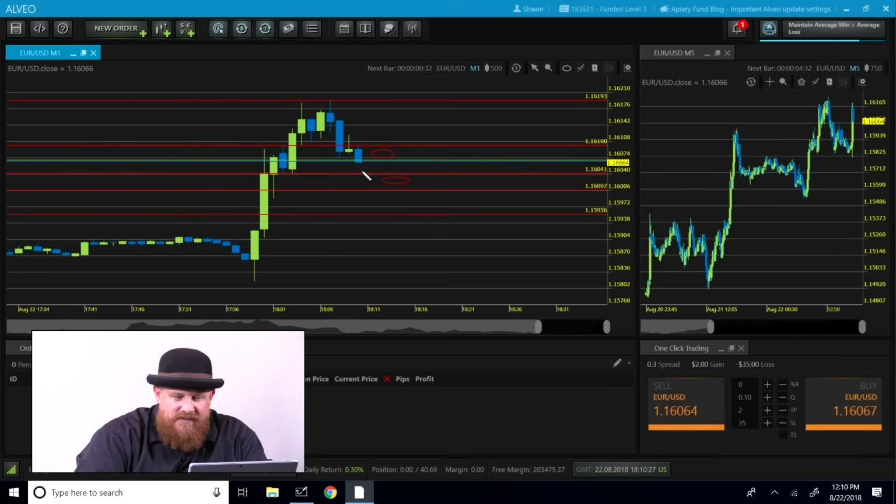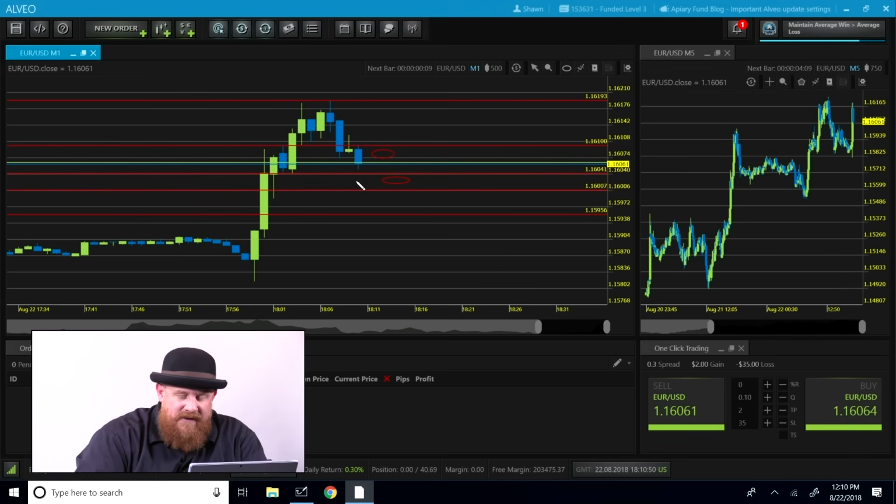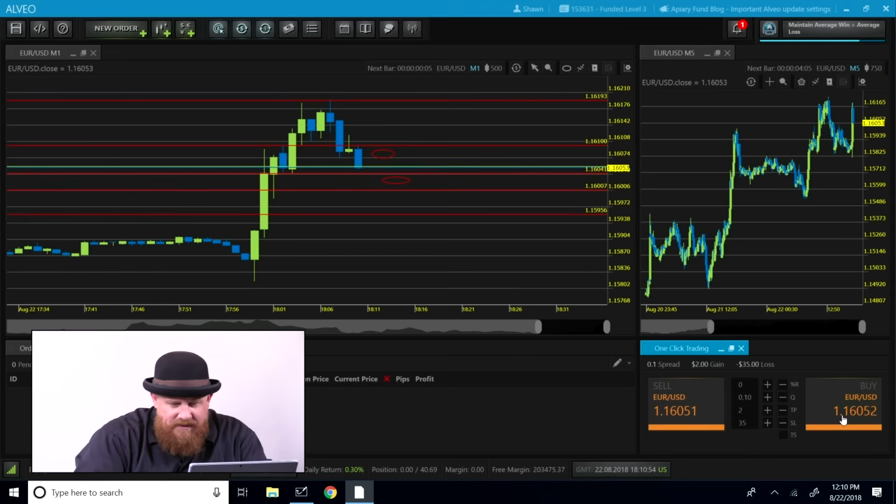We'll expect to see it stop and pause and maybe trade a little around that. If I'm going to get out of the trade, I want to give that trade enough room to find support and move higher if I'm in a long position. So let's go ahead and place a buy here.